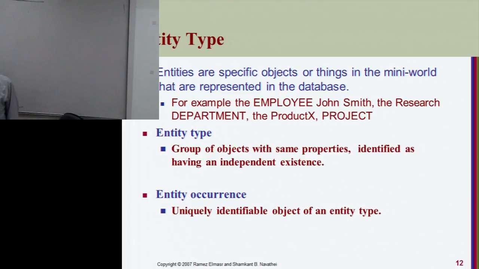They are occurrences whose attributes take values. So when we say Muhammad is the value of the attribute name of the student entity type, we differentiate between an entity type and an entity occurrence.